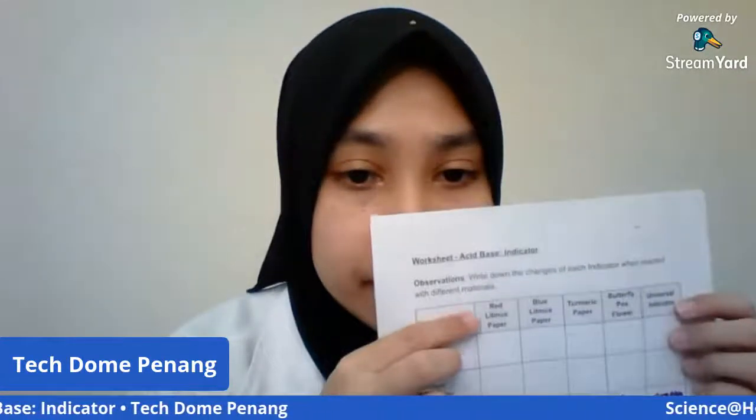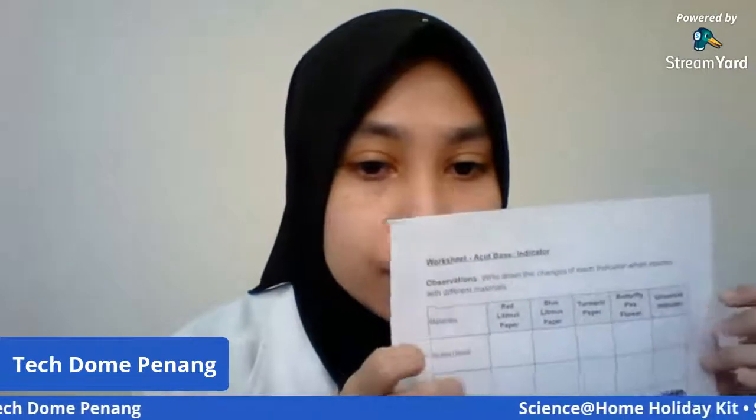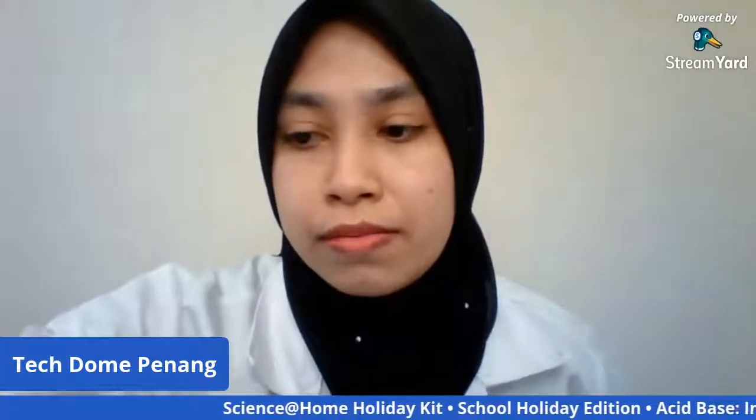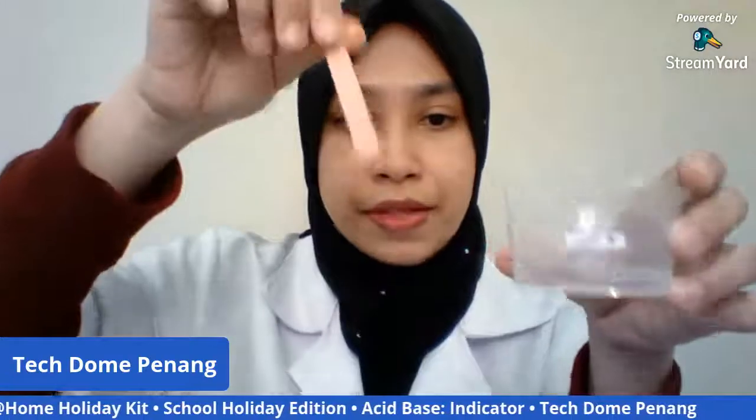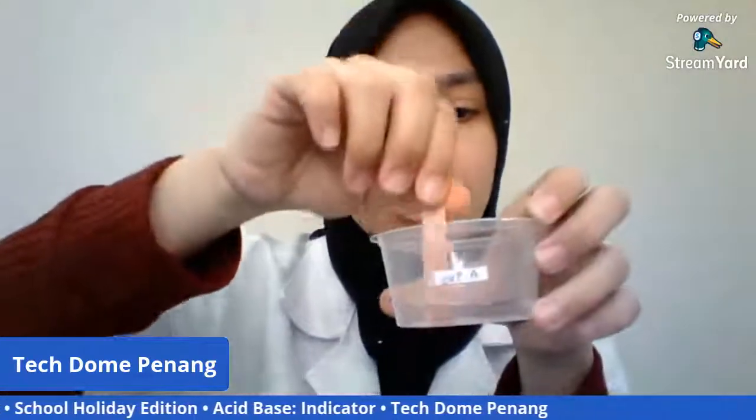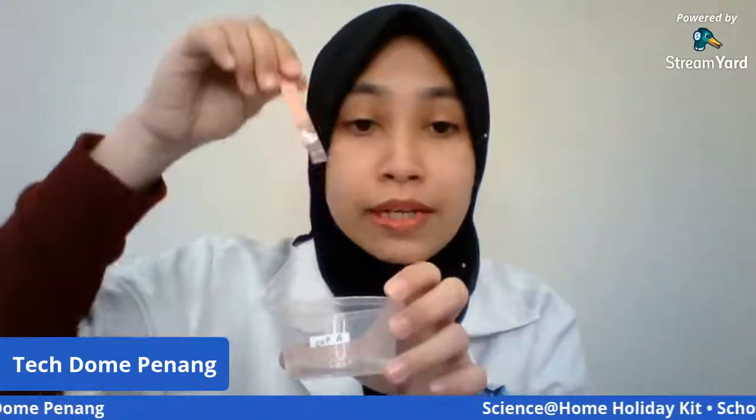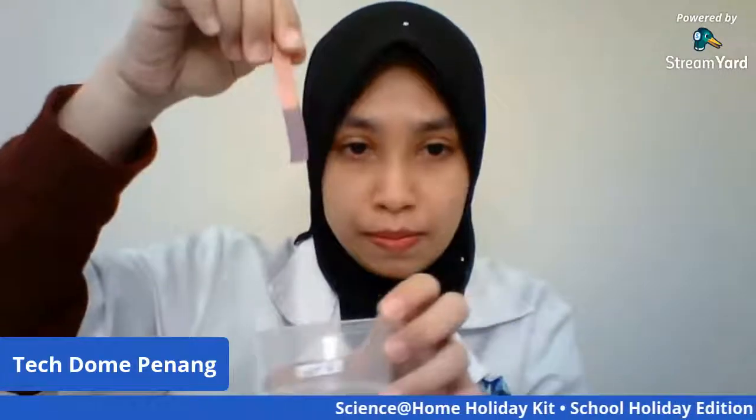Okay, I hope you have done with your baking soda solution. Then, as usual, you will test with red litmus paper first. Red litmus paper into cup A baking soda solution. You can see a slight change of the color. The red litmus paper should actually turn blue.